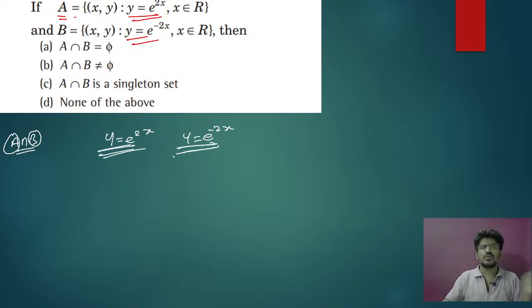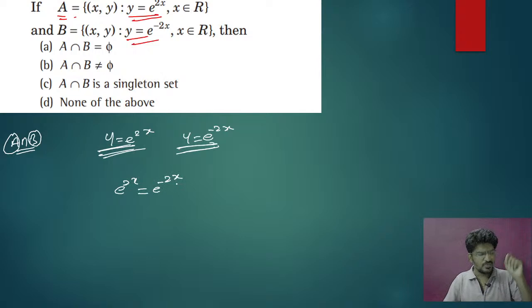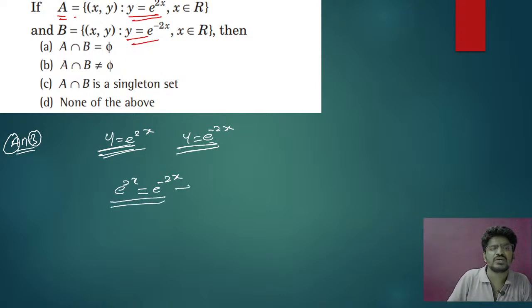If there is a common root between these two functions, it means they have to be equal at that particular point. Okay, so we have to use this equation. Please remember, if there is a common root between two functions, at that particular point both the functions are going to be equal.